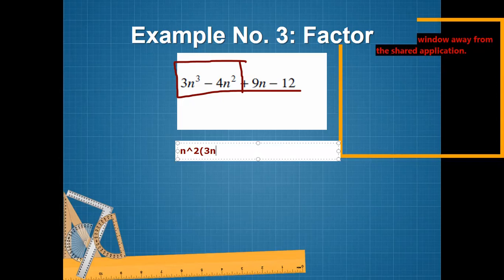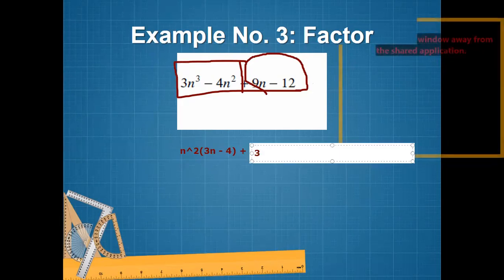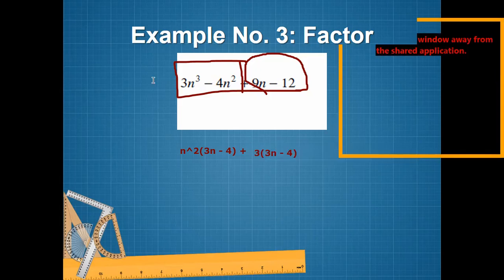That's the factor to multiply to n squared for it to become 3n cubed, minus, of course, 4n squared. The factor is 4. Plus, of course, the next group, 9n minus 12. The greatest common factor is 3, multiplied by 3n minus 4.